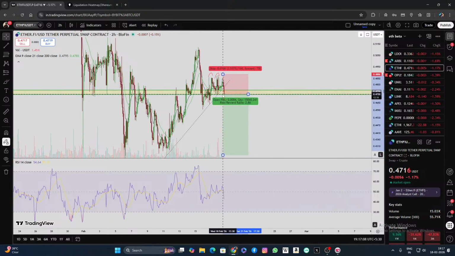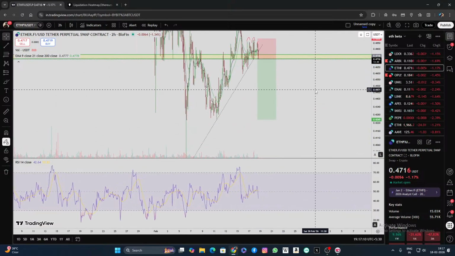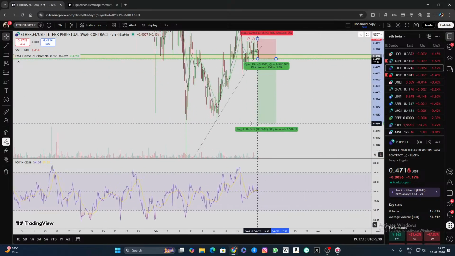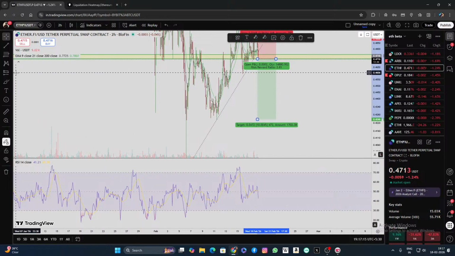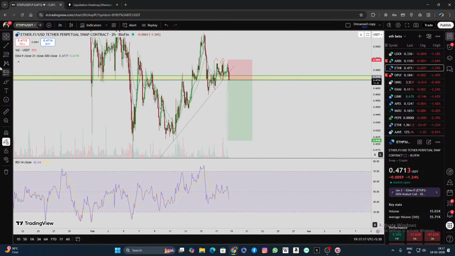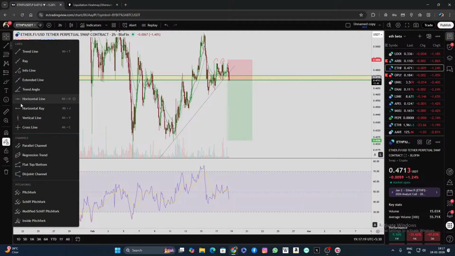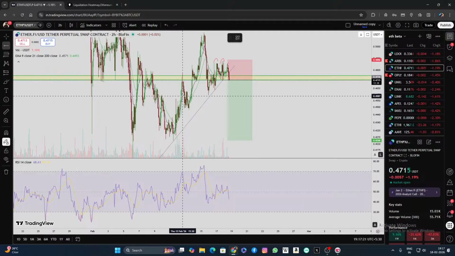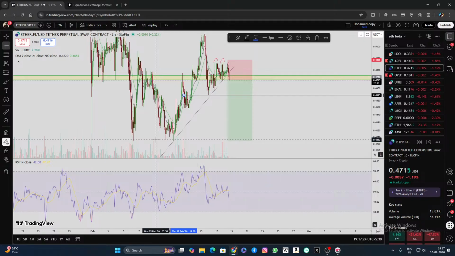Okay, I'm entering here. I am entering the ETHFI short, and first target around this, and our final target around this.